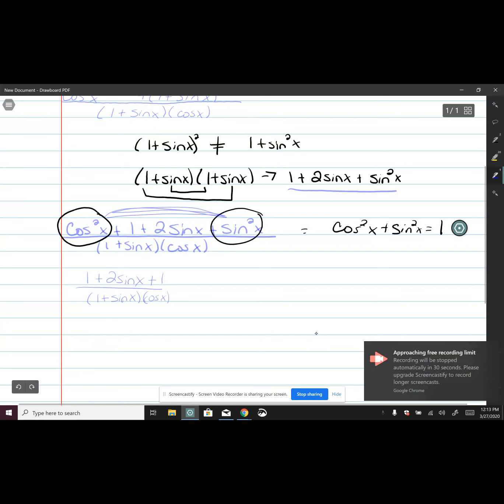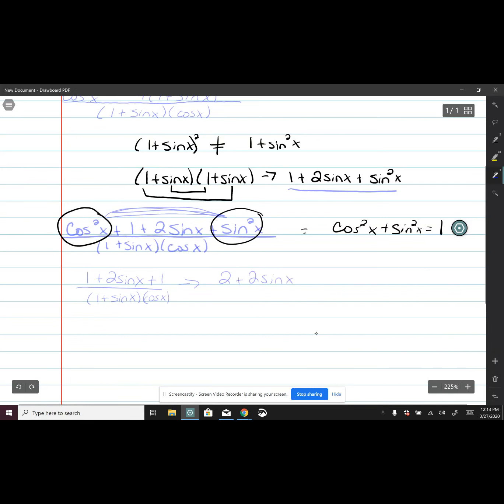Okay. Clean up our numerator a little bit more. I get 2 plus 2 sine x all over 1 plus sine x cosine x. Factor the top. 1 plus sine x all over 1 plus sine x cosine x.